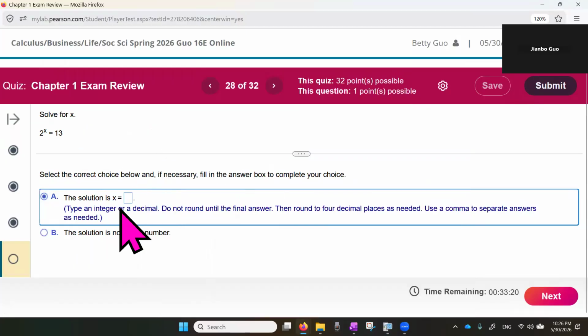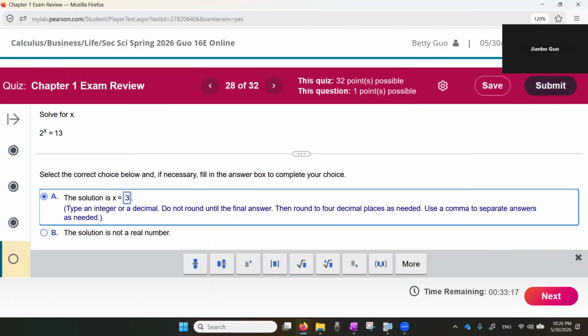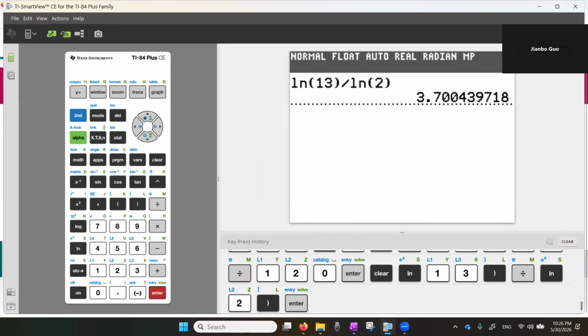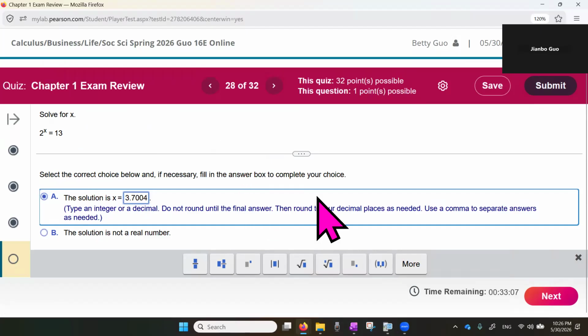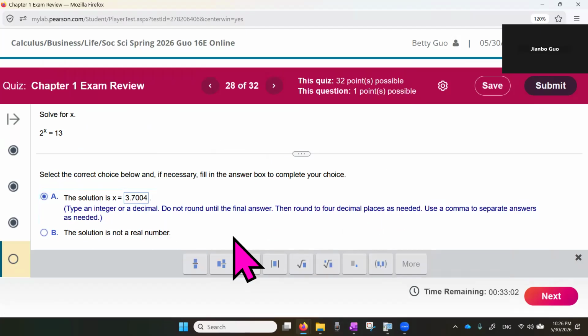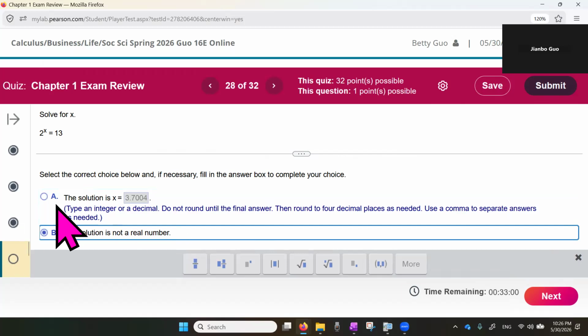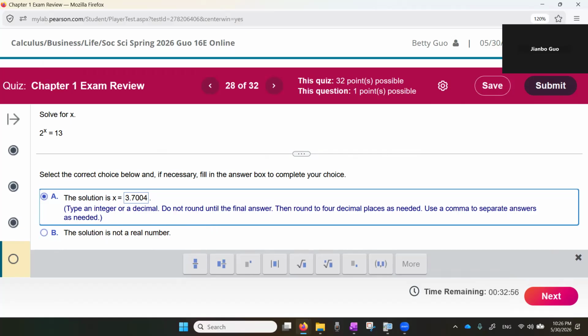This is not a calculus problem. This is a pre-calc problem. 3.7004, right? Also be careful: if you click here, you mistakenly make a mistake. You actually want to choose A, right?